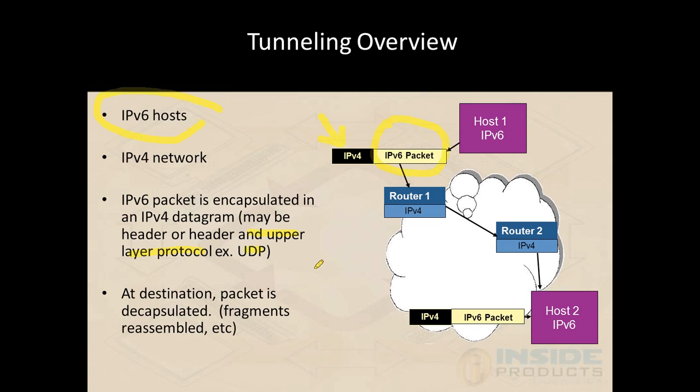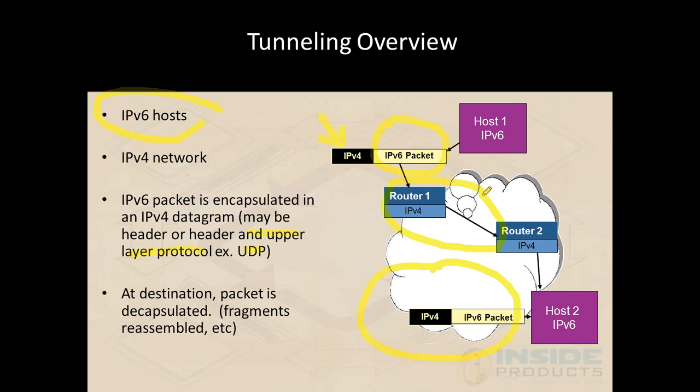And so then let's say it translates to V4. It will travel across the network as a V4 packet and then come back on the other end and be translated back to V6 again. So let's talk about tunneling.